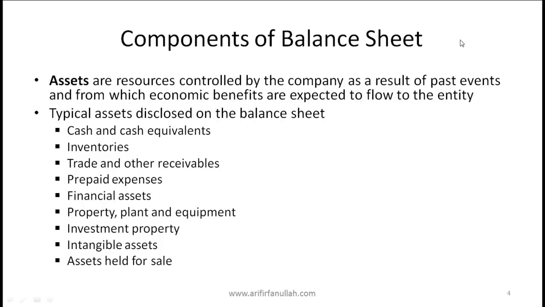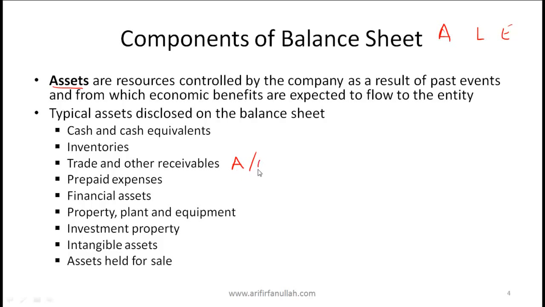The components of the balance sheet: assets, liabilities, and equity. Assets are resources controlled by the company as a result of past events and from which economic benefits are expected to flow to the entity. So anything from which the company expects some benefit in the future is called an asset, and typical assets on a balance sheet would be cash and cash equivalents, inventory, trade and other receivables.